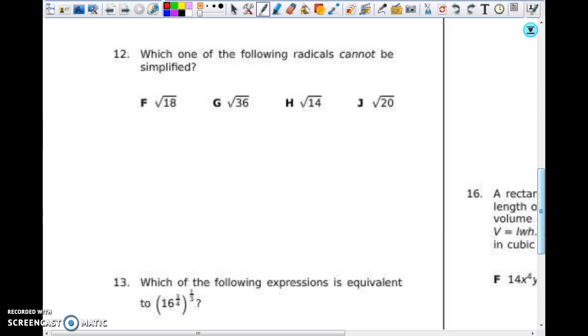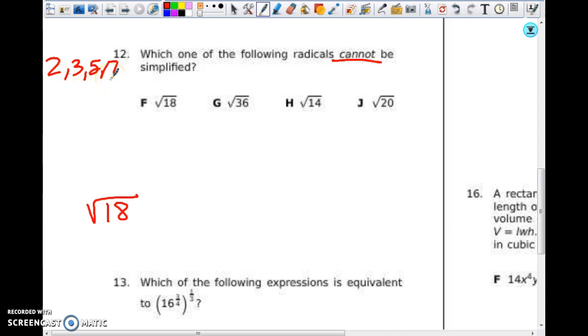It's asking which one cannot be simplified, okay? So, do y'all remember how to simplify the radicals? You break down a radical with the numbers 2, 3, 5, or 7. For example, I'm going to do 18 and 36 to refresh your memory. Square root of 18. 2, 3, 5, or 7.